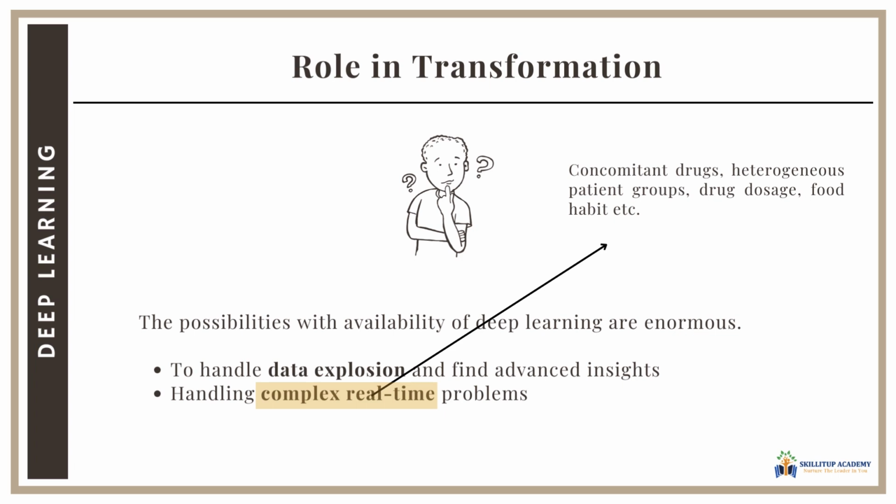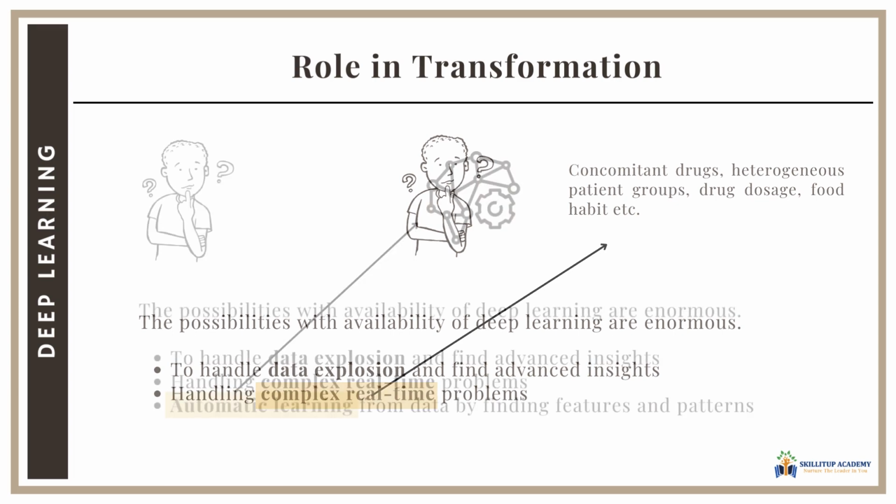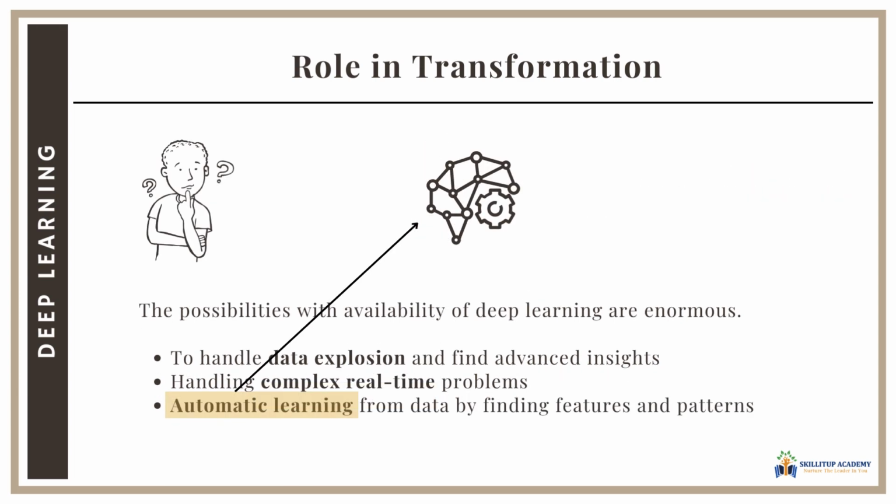Do you think the human brain can consider so many factors and solve the problem? No, neither can machine learning. Deep learning can learn the patterns and the features independently, and that's a strength of deep learning without manual feed. This is not possible with machine learning, where you have to feed the data to a great extent.